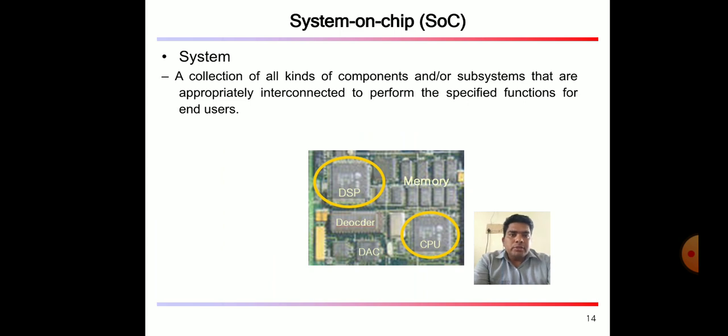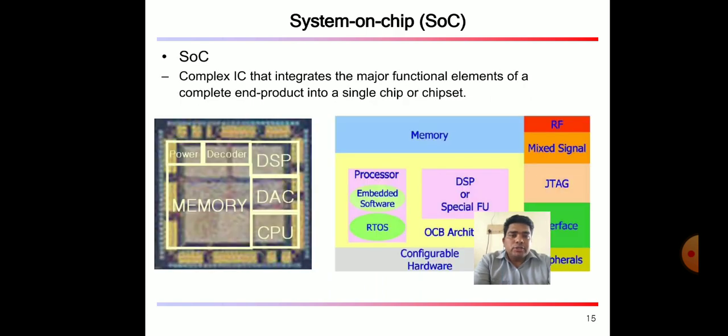So this is a system on a chip, a collection of all kinds of components, that is a DSP, CPU, decoder, everything in the picture, memory. Everything is appropriately interconnected to perform the specified function for end users. So this is a system on a chip.